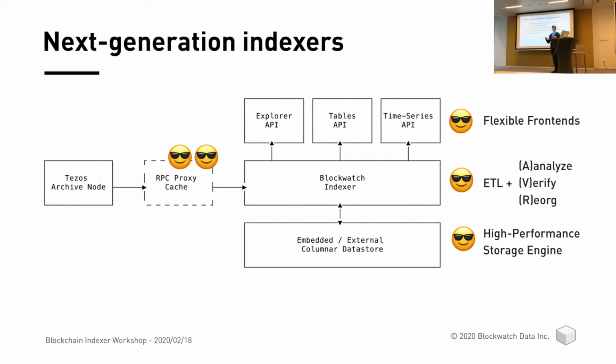I'm not saying there are no bugs and no errors in the node implementation or the RPC implementation, but you have fewer bugs and fewer errors. So everybody who wants to do, for example, a payout solution for Tezos, for baker payout tracking and so on, we tell them don't use our indexer, just use the RPC, because this is much better. You have fewer errors there. You need to trust fewer systems.